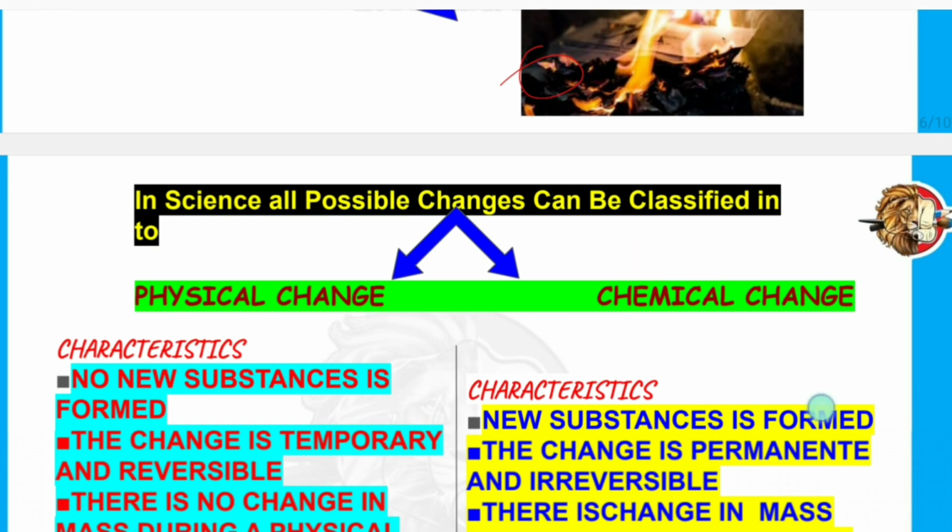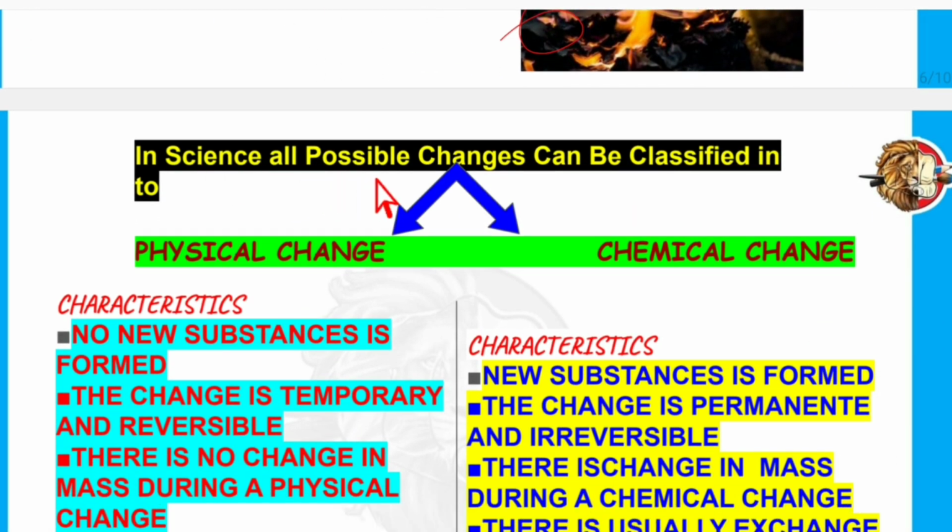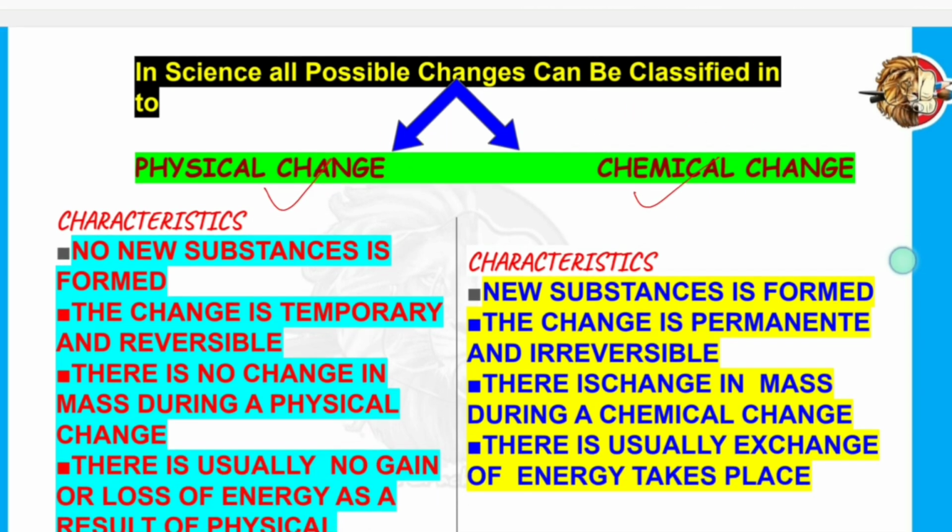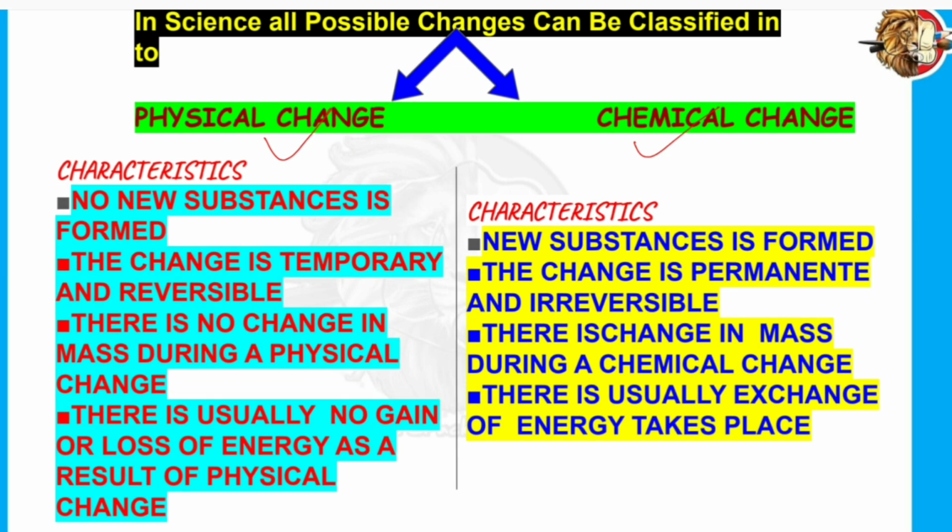Now we will see that in science, all possible changes can be classified into physical and chemical changes, and we will find what the main differences between them are. One by one I will discuss.